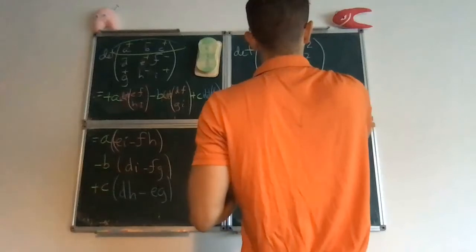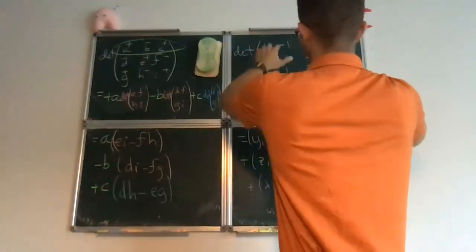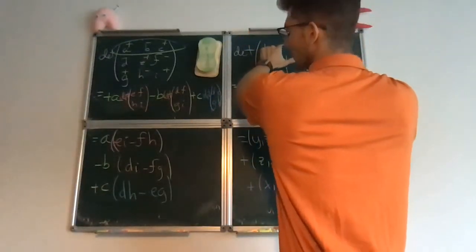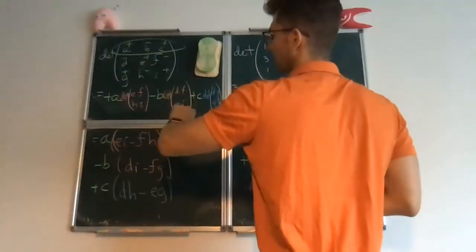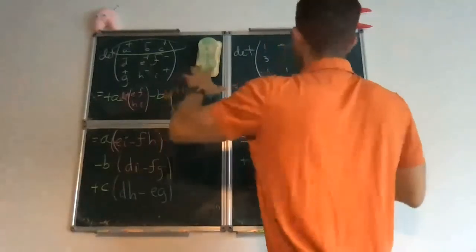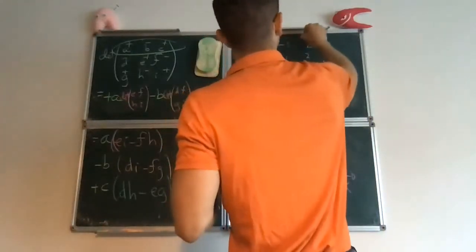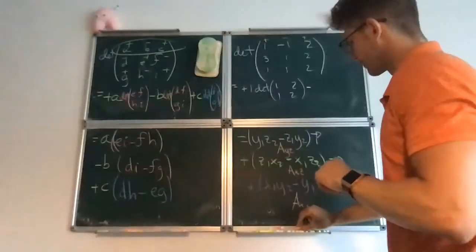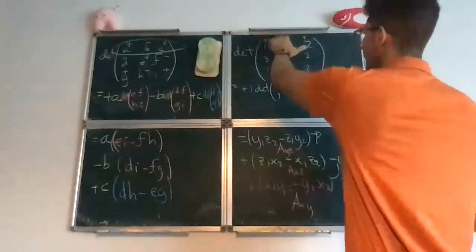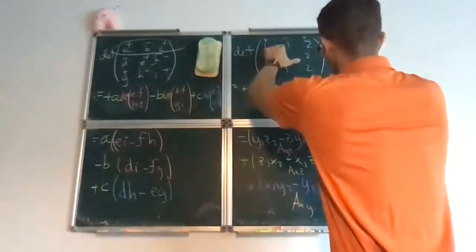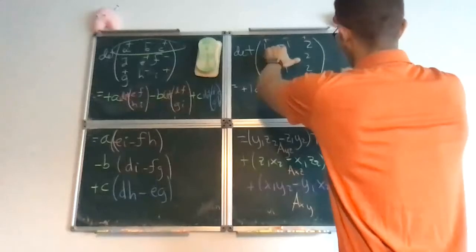So 1, 2, 1, 2, minus... oh, yes, right. This can be confusing. You always have to put a minus from the formula. This one already has a minus, so you put something like this.